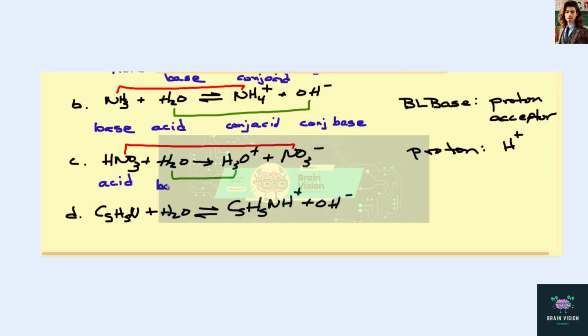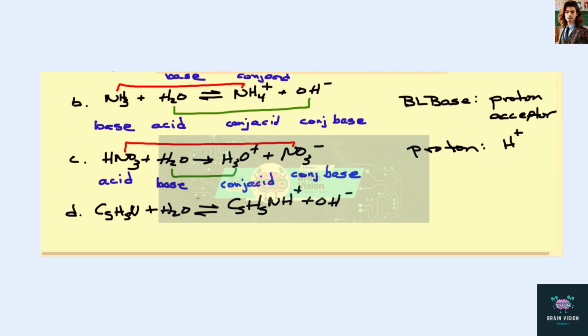That makes it the base. And of course, then we have the opposites on the other side. So H3O plus is now the conjugate acid. And the NO3 minus has one fewer H. That makes it the conjugate base.